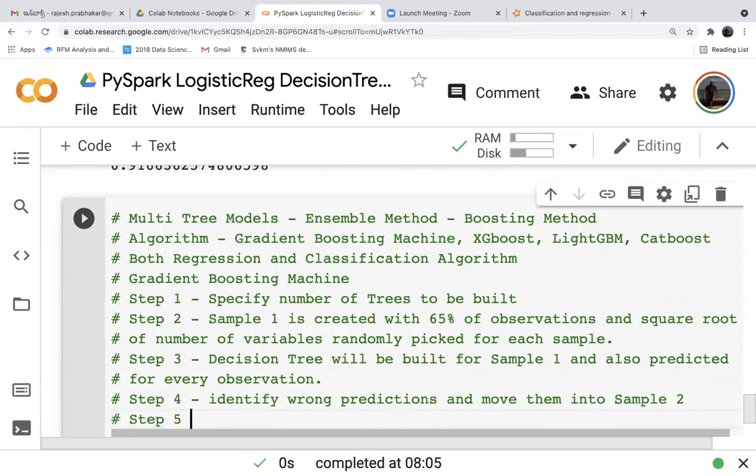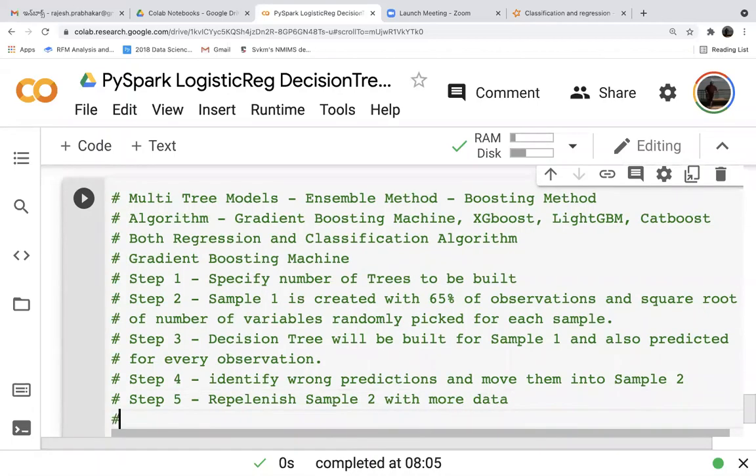Step 5: replenish sample 2 with more data. Step 6: build the decision tree for sample 2 and predict.